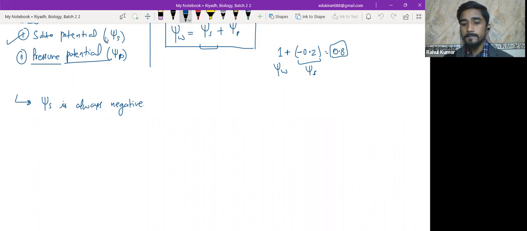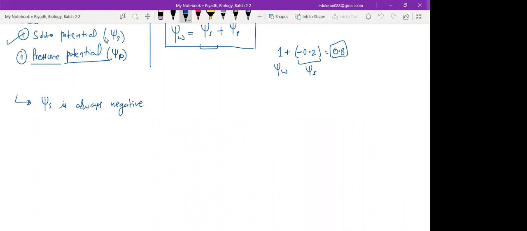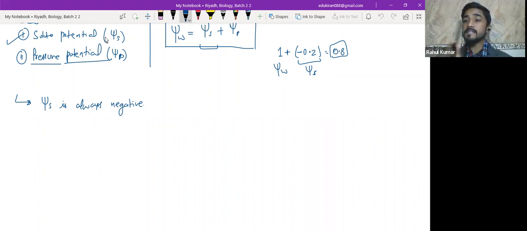Okay, is it clear? So do not believe that a pure water has the highest potential. It has a standard potential because water potential also depends on the pressure potential, and pressure can always be played with. You can always tweak pressure. So at high pressures, even the pure water has higher water potential than at normal atmospheric pressure.